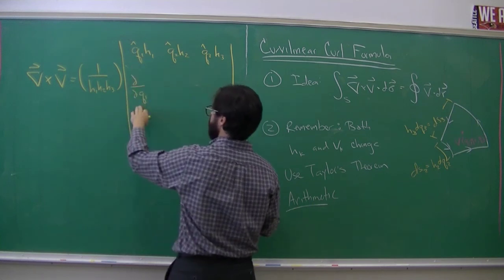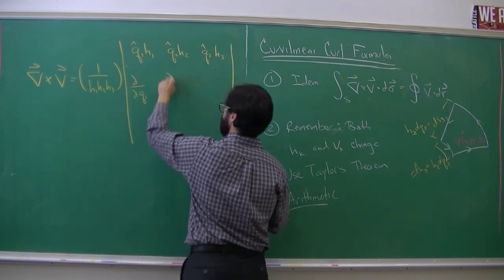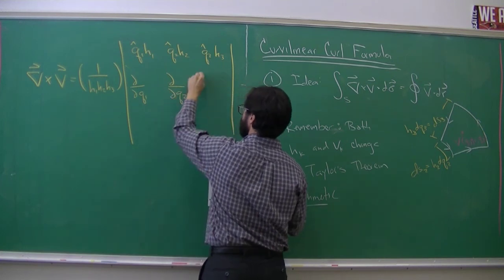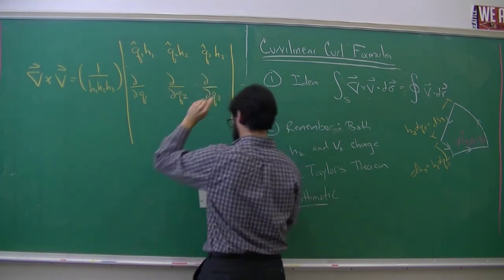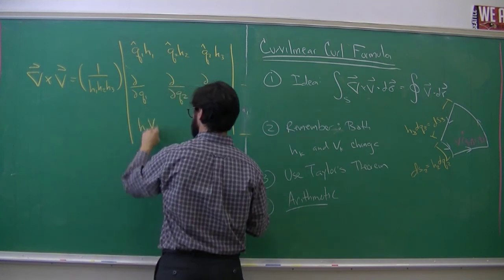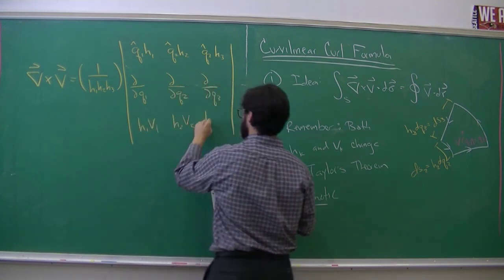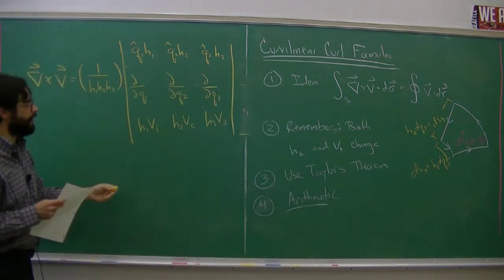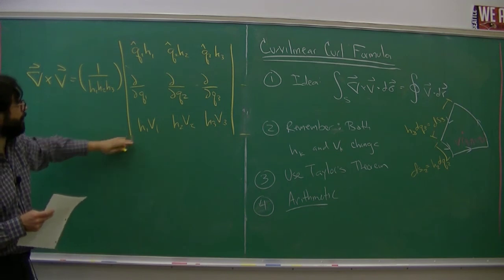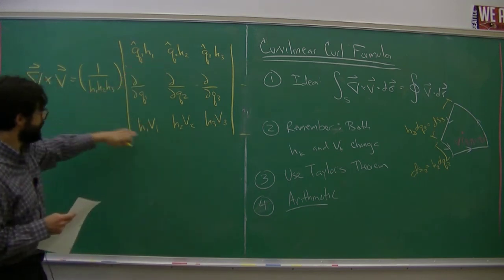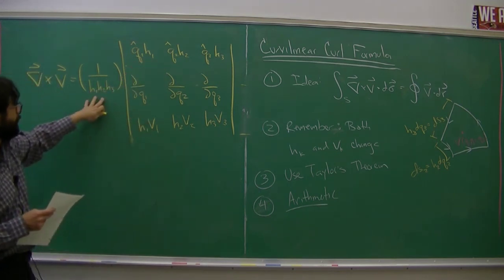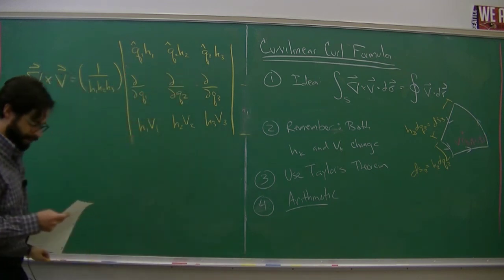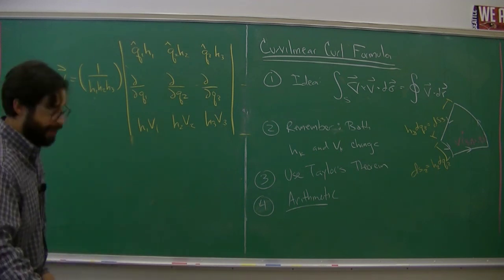This is a way of writing it that keeps at least the partial derivatives looking kind of clean. So I prefer this way. And then h1, v1. Right, and essentially what's happening is just like in the divergence formula, you get 2 scale factors and then v, and then you have 3 scale factors divided afterwards. But now they're being mixed because you have a curl. So this is the curvilinear curl formula.